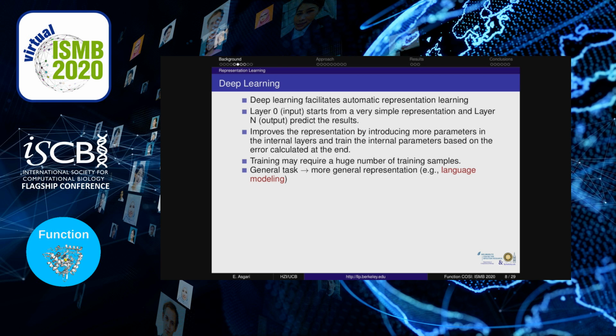We can just use raw text or raw sequences. And as we discussed, it's a general purpose task, so it has information about syntax and semantics of sentences and sequences. This principle is true for convolutional neural networks, recurrent neural networks, or more recent transformer models.